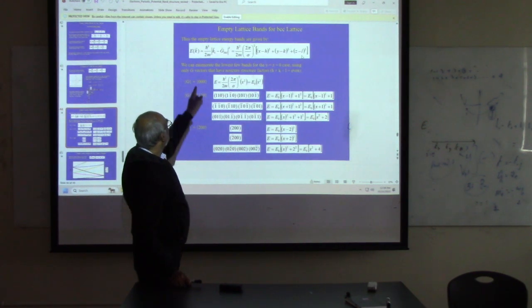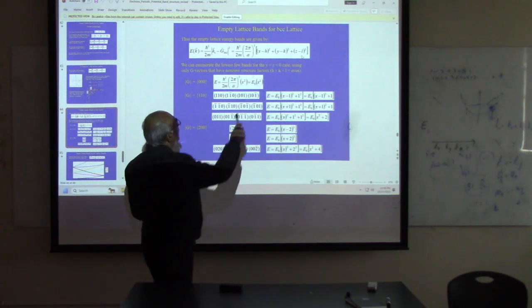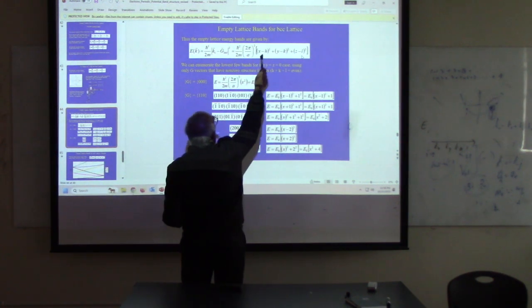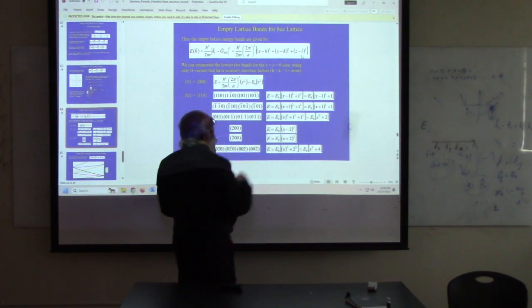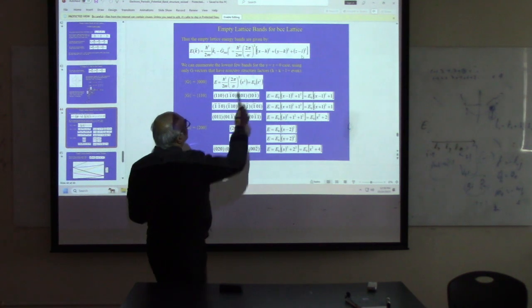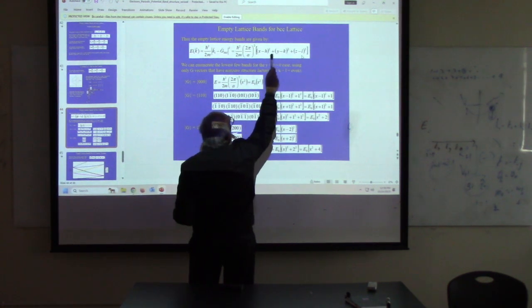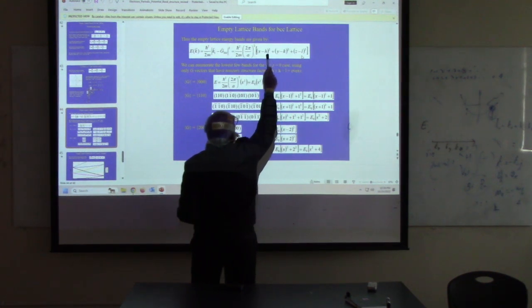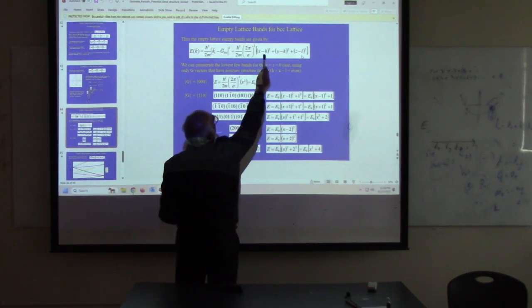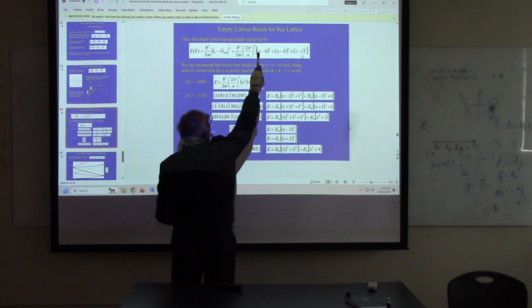Now if you look at the plane where y is 0 and c is 0, then you only get x squared.